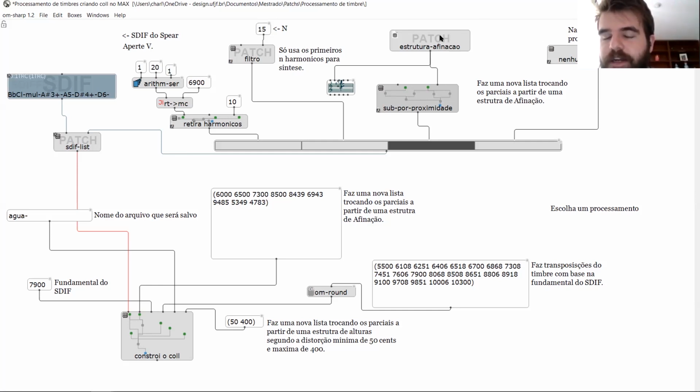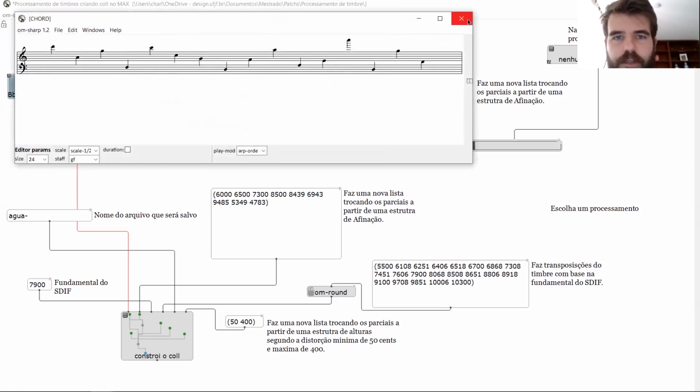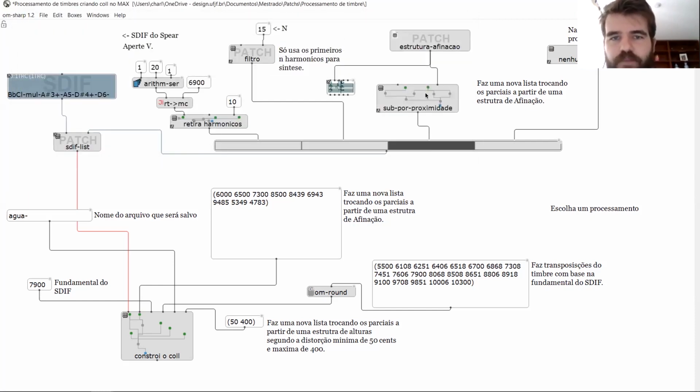So here I have tuning systems of Ben Johnson, and of course it's all microtonal music. It will find the nearest note of this tuning system, and then it will change the notes. It's not a very simple patch, but this is the way that it works.